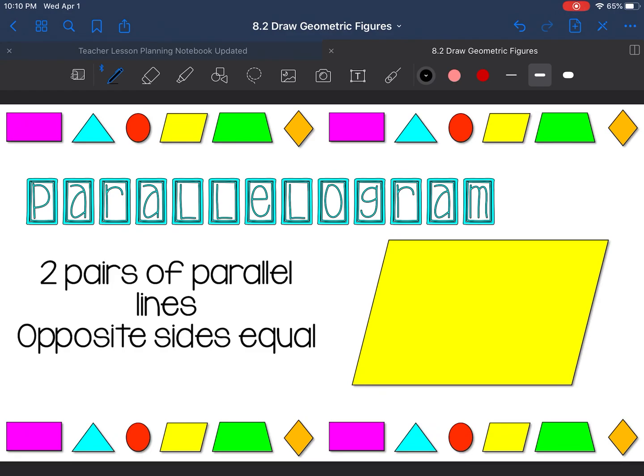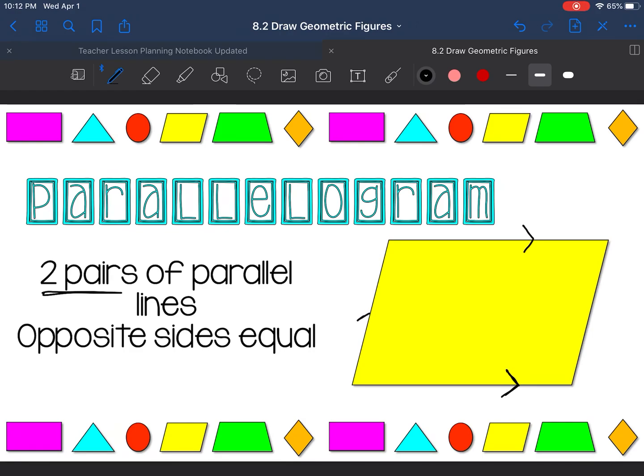So, to show that you have parallel lines, you draw these little arrows. So 1 arrow at the top and 1 arrow at the bottom. That tells me that those 2 lines are parallel lines. They are never going to intersect. Now, it says that there's 2 pairs.